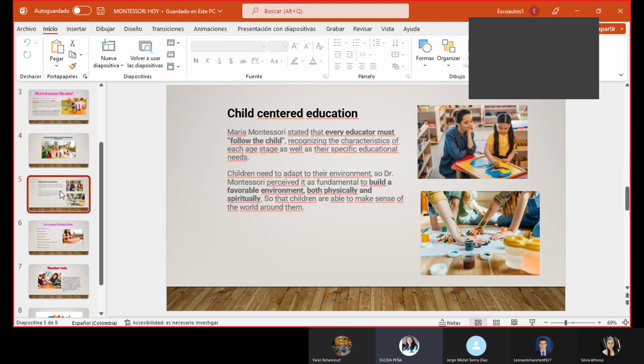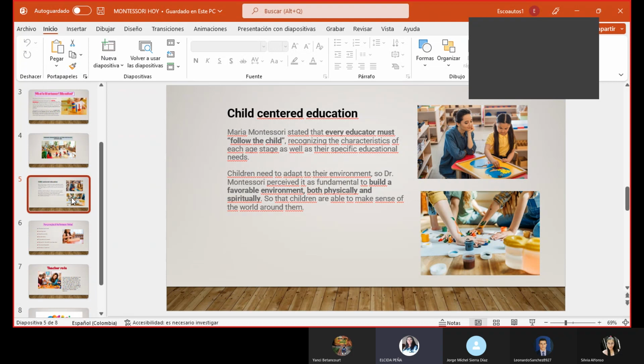Next, please. Okay, child-centered education. Maria Montessori stated that every educator must follow the child, recognizing the characteristics of each age stage as well as their specific educational needs. Children need to adapt to their environment.